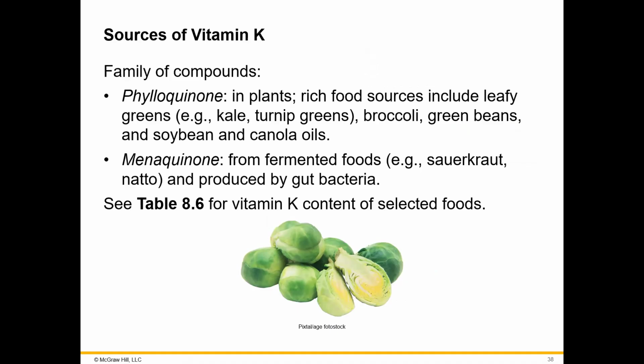Vitamin K is our fourth fat soluble vitamin, and it is involved in the liver and how the liver makes prothrombin and other type of blood clotting cells, your platelets, your prothrombins.